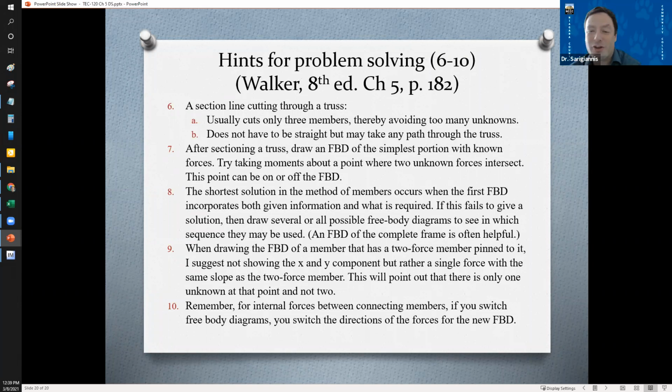The shortest solution occurs when the first free body diagram you take incorporates all the information and gives you some solution for what's required. But you may have to draw several free body diagrams to see how you might have to use them.